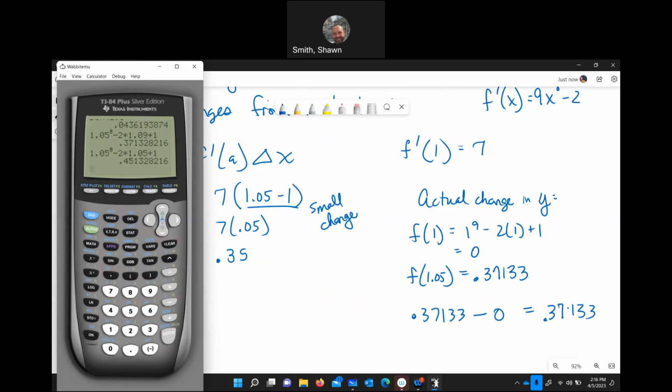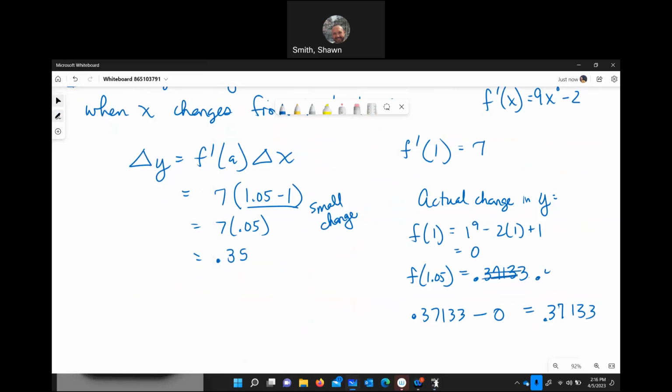All right, so this is not right then. 0.45. It's still 1/10 off. It's close, not extremely far off, but it's still an approximation to what the change in y would be.